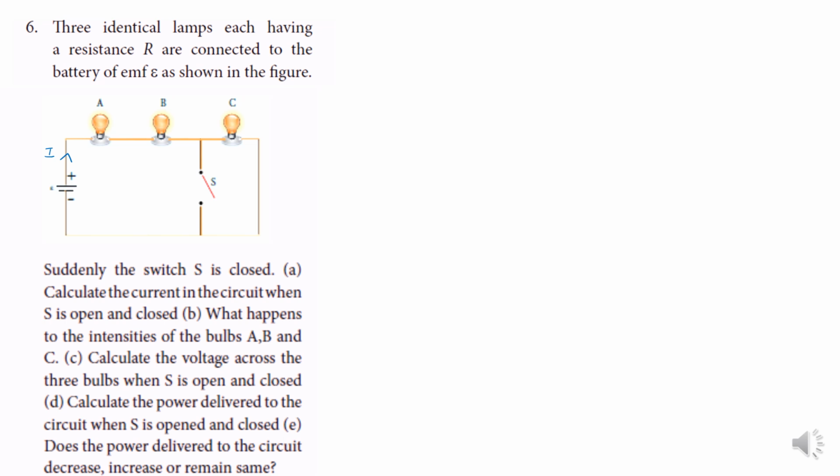When it comes here, no current flows because the circuit is still open. So we are solving it as two cases. First case, S is open, and second one, switch is closed. Right. So we start with case 1 where switch S is kept open.